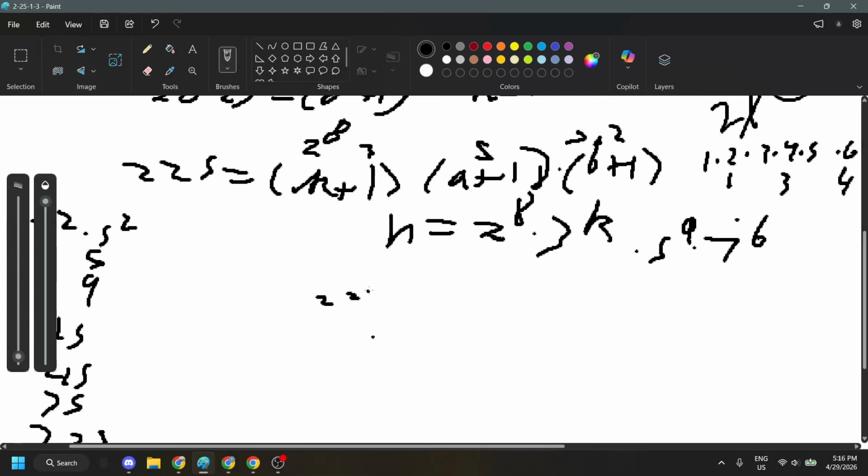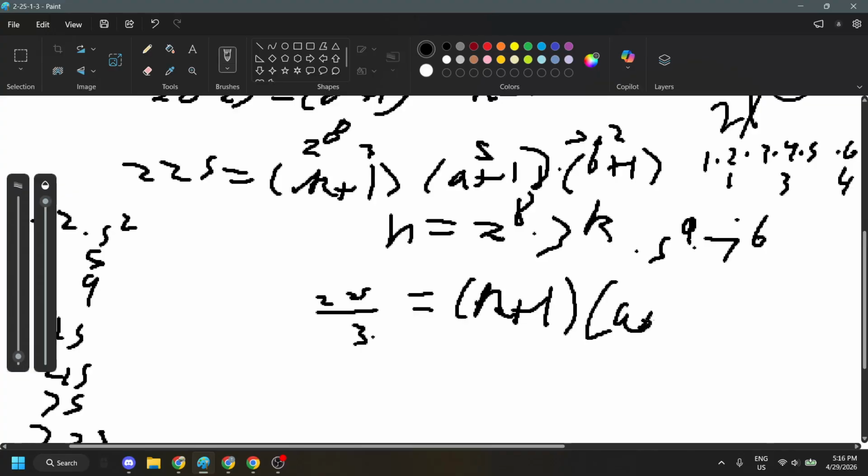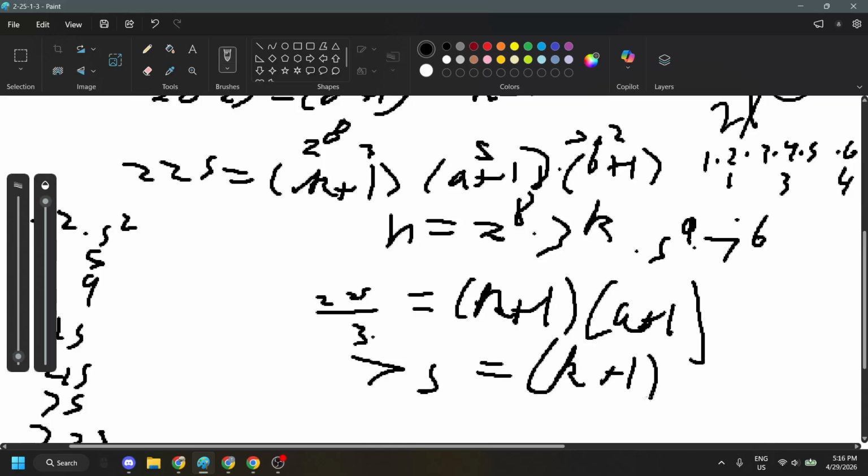So then 225 over 3 is equal to k plus 1 times a plus 1. This is equal to 75.